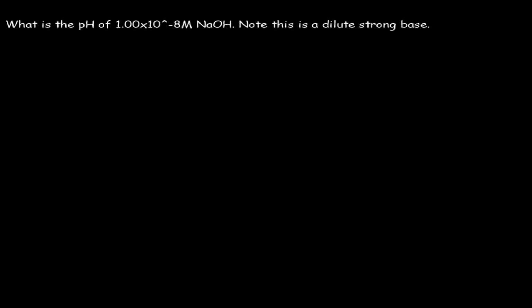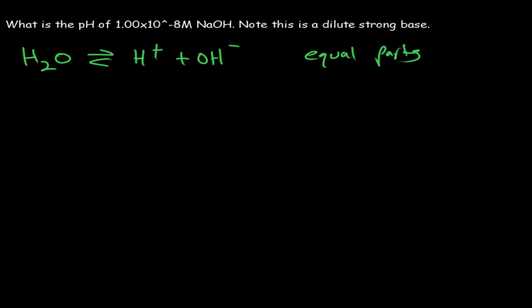The way we're supposed to solve this problem is that we have to take into consideration that water autoionization is occurring. And water is going to break into equal parts H+ and OH−. Likewise, NaOH, since it's a strong base, is going to break into equal parts sodium and hydroxide.